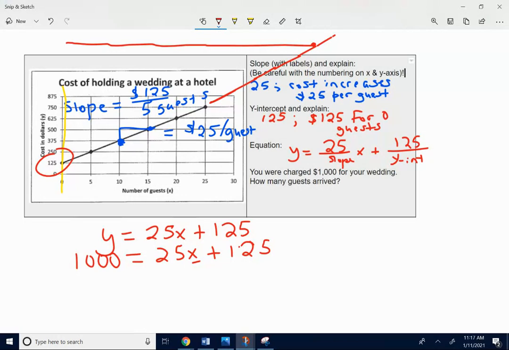They're giving you $1,000 and asking for the number of guests, which is X. So we're going to plug that in and solve this equation.